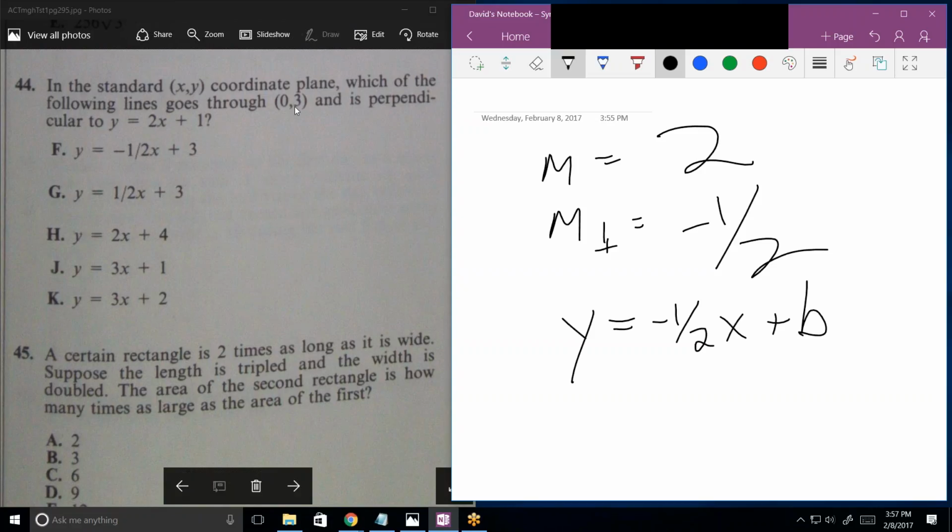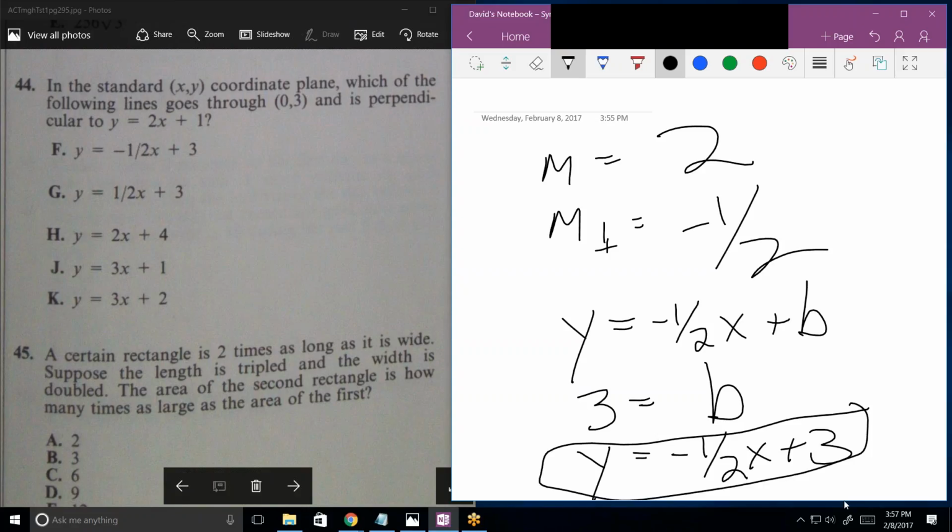We would know the slope is minus 1/2. And now the fact that it goes through (0, 3) means I can set x equal to 0 and y equal to 3, which makes b equal to 3. So now we know the equation of the line has to be minus 1/2 x plus 3 without multiple choice.